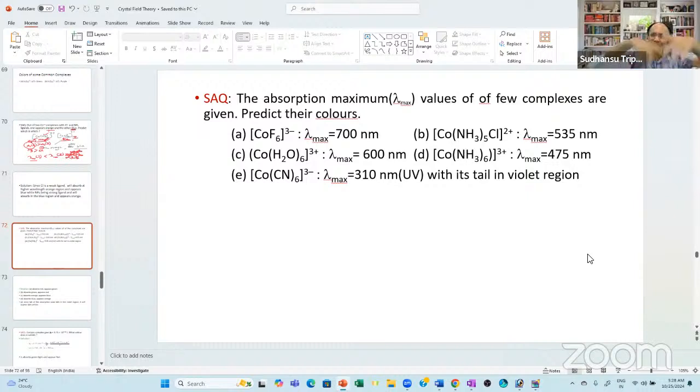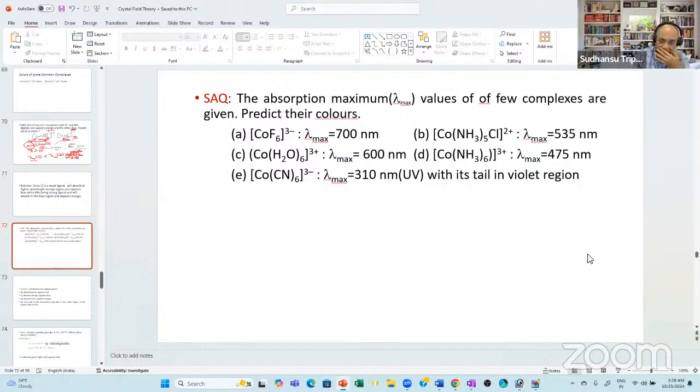When you are given the lambda max, you can calculate the complementary color and predict the color. You may not say whether it is due to DD. Most of them are DD, but many of them are dominated by CTS. Today I shall be explaining in detail what is CTS, Charge Transfer Spectra.